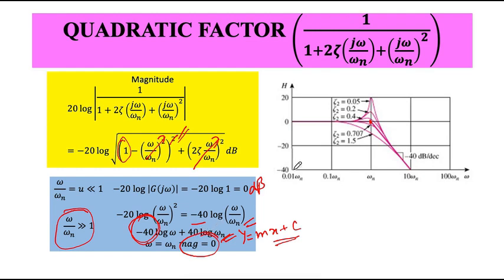So I am here, and I will be at 0 dB until this joint point. What is this point? At this point omega is equal to omega n, and after this point I go down with a slope of minus 40 decibels.